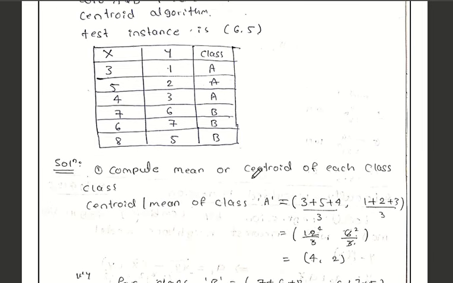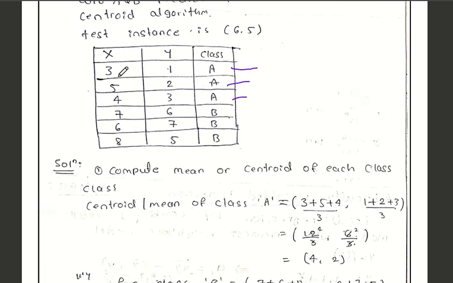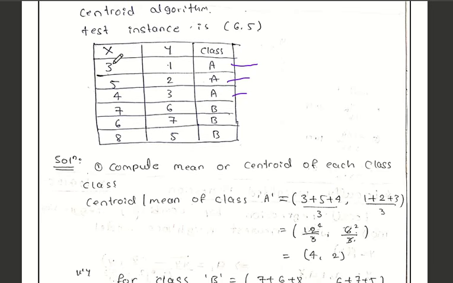Firstly, you need to find the mean of the A class. Wherever A is there, this is A, this is A, and this is A. You need to find each mean. So the mean of x is 3 plus 5 plus 4, divided by 3, because the total number of A class points is 3. Similarly for y, 1 plus 2 plus 3 divided by 3.